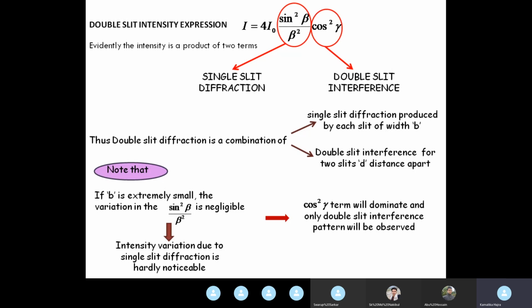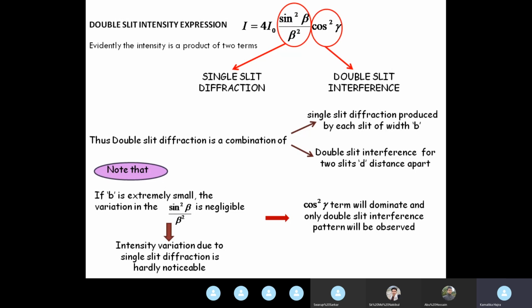But if there are two slits, then the analysis that we discussed up to here should be applicable no matter how large or small the slits are. Rays are coming out from the two slits, and therefore they meet at the point P on the screen, and the intensity pattern should be of this manner.